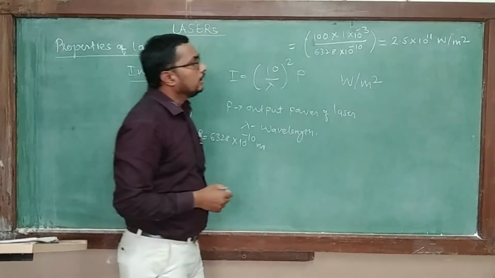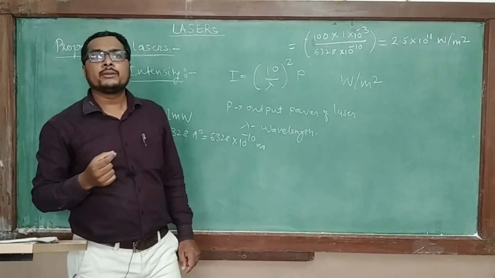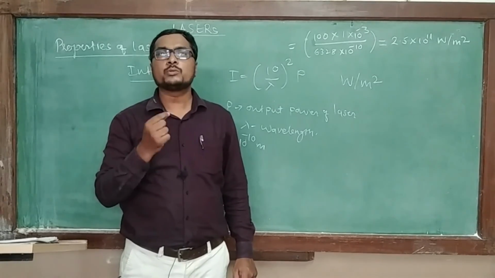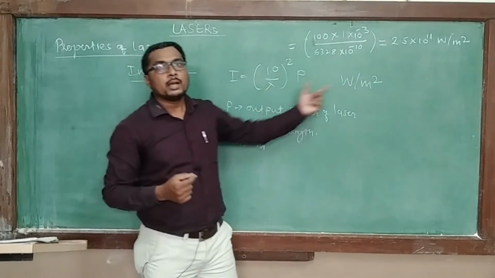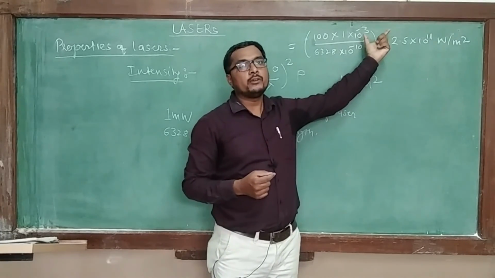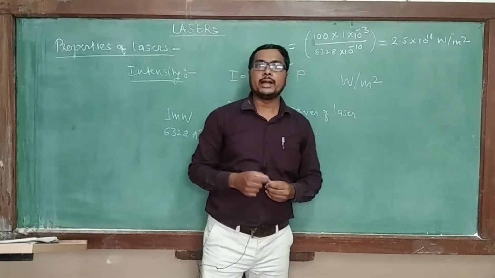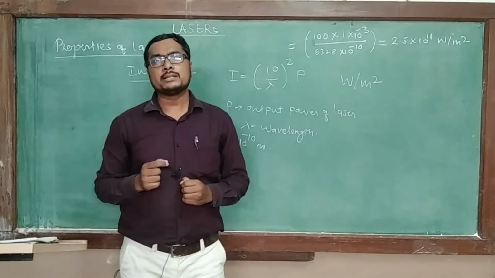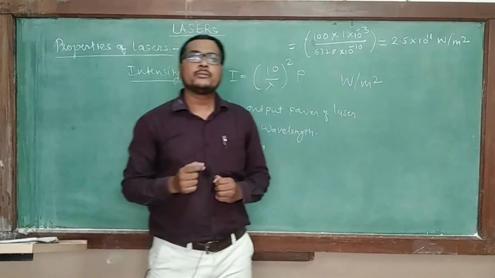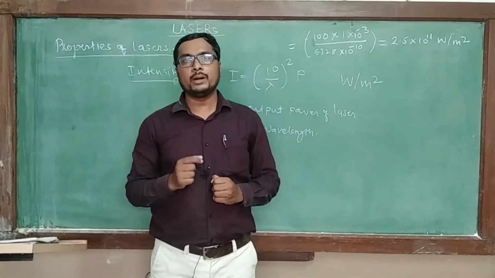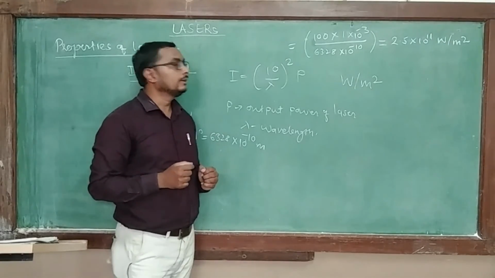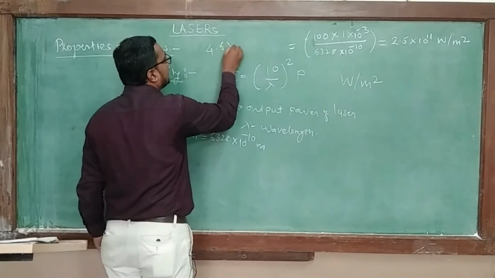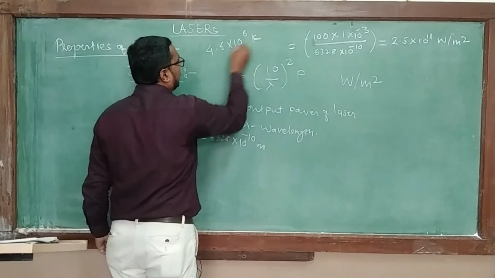That means a laser beam of output power of only a few milliwatt, that means 1 milliwatt, can produce intensity of this order, 2.5 into 10 raised to 11 watt per meter square. To obtain light of the same intensity from an ordinary tungsten bulb, we need to heat the tungsten filament to the temperature 4.6 into 10 raised to 6 Kelvin.